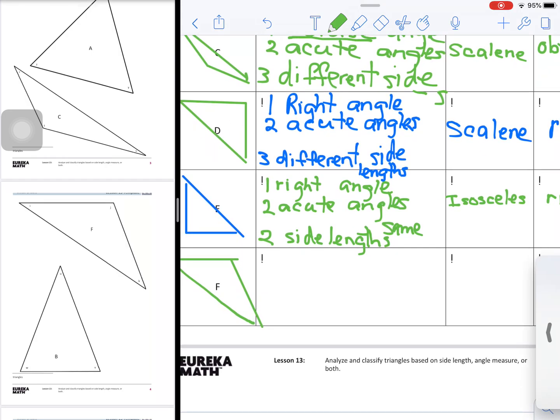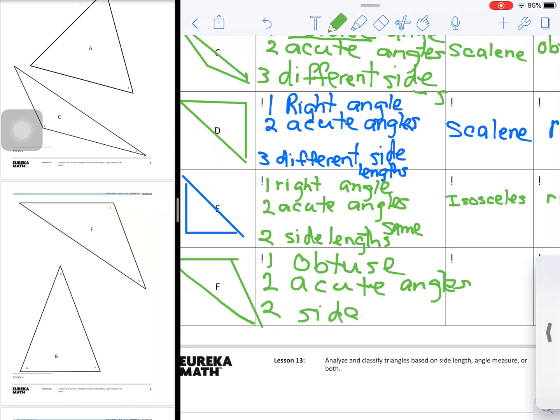So it has one obtuse angle and 2 acute angles. And it has 2 side lengths the same.